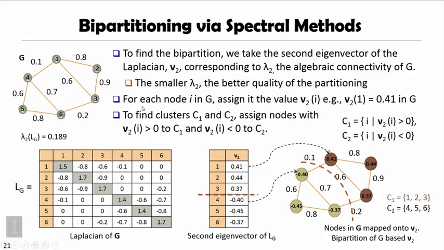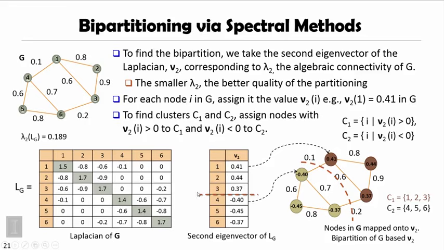Then we calculate this for each node i in G, and assign it the value v2 sub i. For example, node 1's v2 is 0.41.